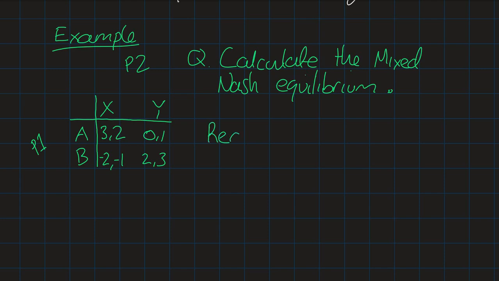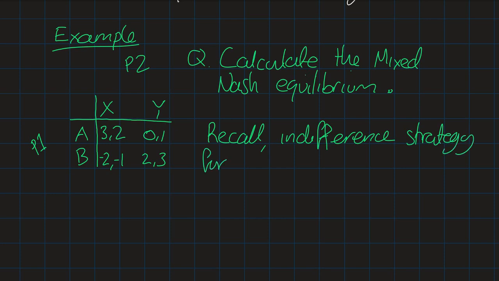If you recall, the indifference strategy for player 1 is given by P equals 4/5, or more concisely, 4/5, 1/5.